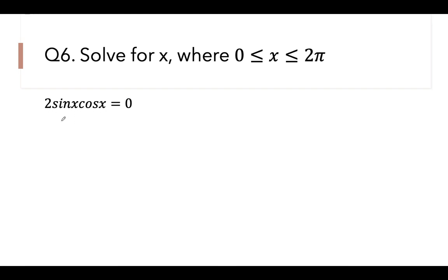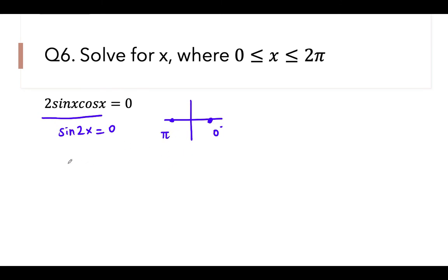You will notice that this can be rewritten as sine 2x, the double angle, is equal to 0. So where is sine 0? We studied in the previous question that sine is 0 at 0 degrees or pi.